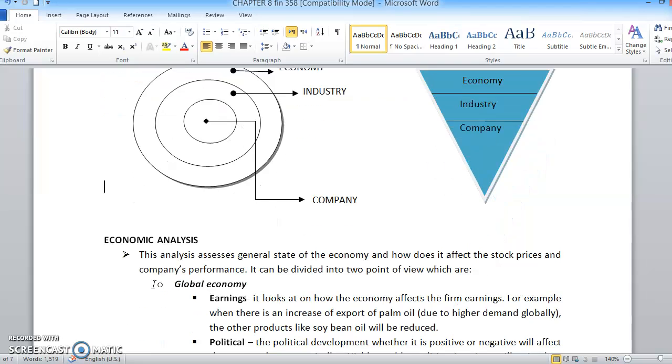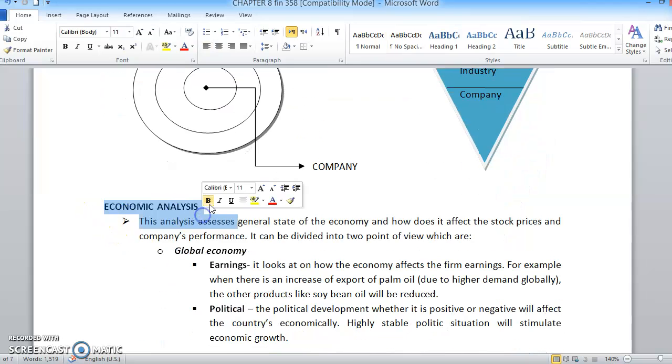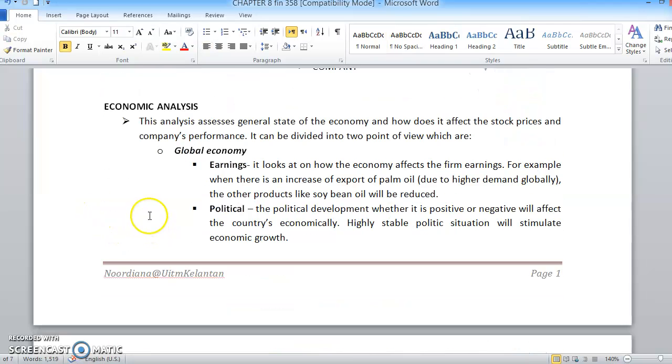Okay, so let's take a look at the economic analysis first. This analysis assesses the general state of the economy and how it affects the stock prices and the company's performance. So kita akan tengok macam mana ekonomi itu sendiri memberi kesan terhadap stock price movement dan juga company's performance.